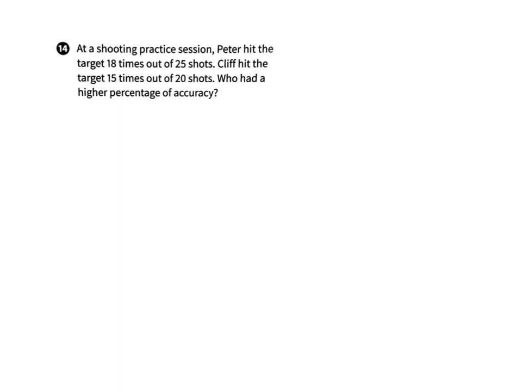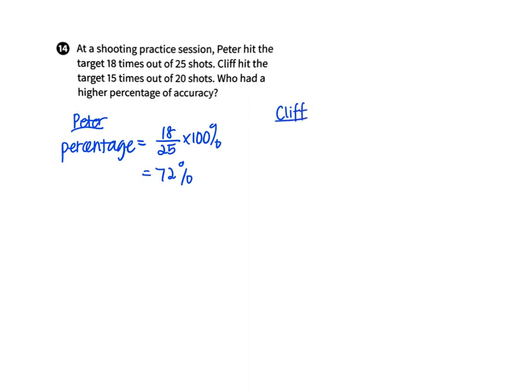Now, let's take a look at Peter's. Peter's percentage: he scored 18 out of 25 shots, so his percentage will be 18 out of 25 times 100%. How much is that? I got 72%. Then Cliff's percentage is 15 out of 20 shots.